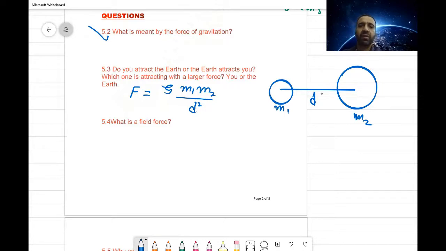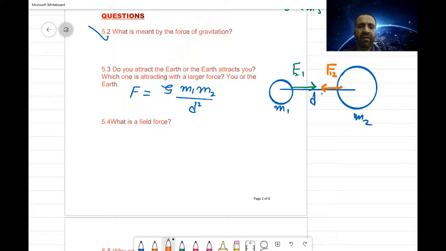And second, I told you that you have two kinds of forces. This one will be the force 2 on 1, and this will be the force 1 on 2.